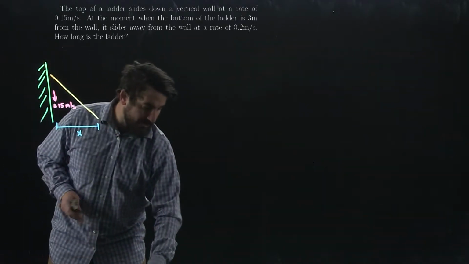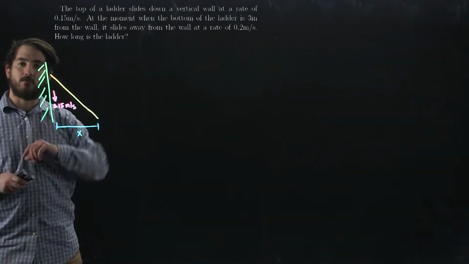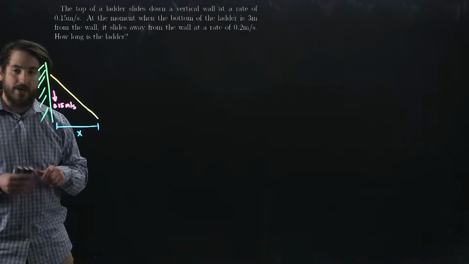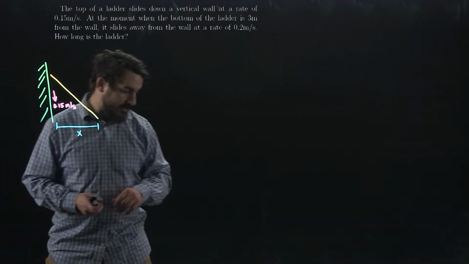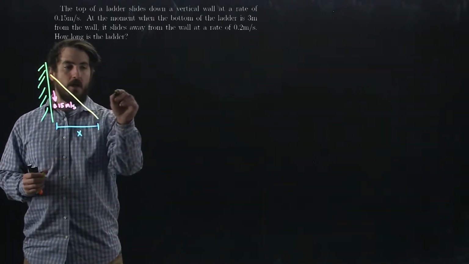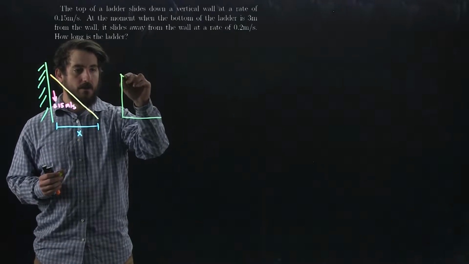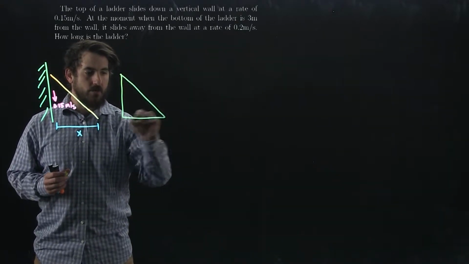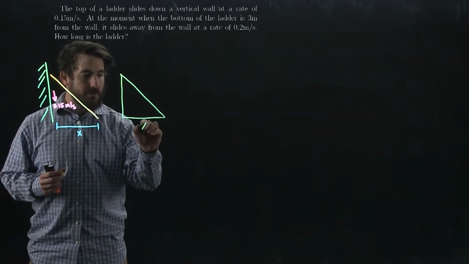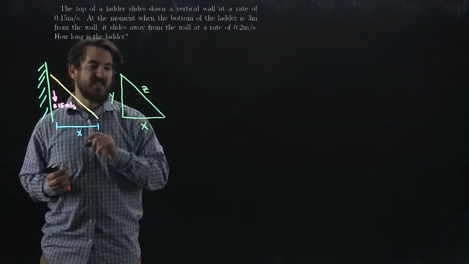So what we should recognize from this picture is that I have a right triangle. So right triangles result in Pythagorean's theorem, or at least tell me that I should use Pythagorean's theorem. So this can be redrawn as a right triangle. I'm going to call this x, I'm going to call this y, and I'm going to call this z.